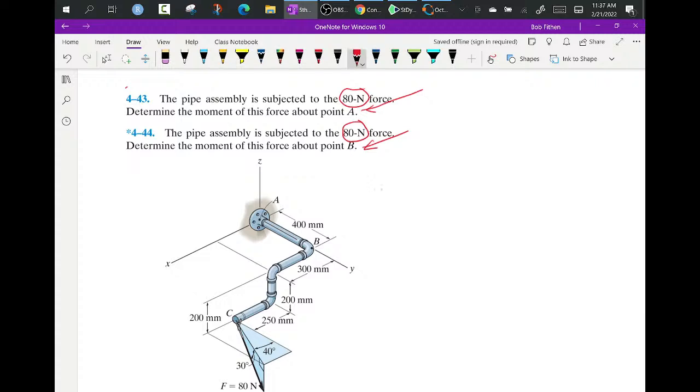I'm going to find an R vector that goes from A all the way out to C. Why A? Because I'm doing this one. I'm not going to do this one right now. I will in a minute, but let's ignore that one, and I'll erase that in a second. So I'm trying to find a vector that goes from A out to C.